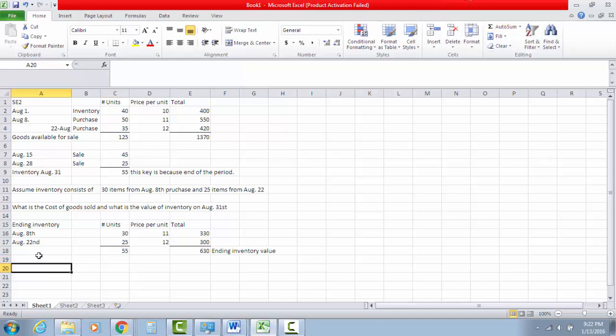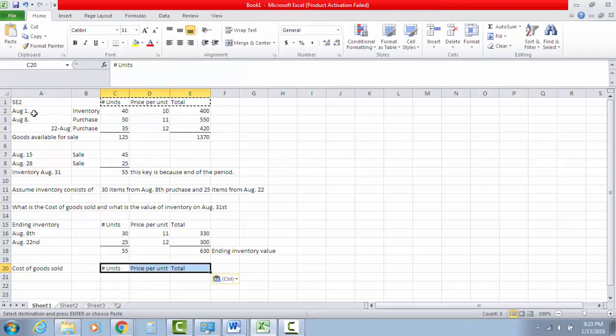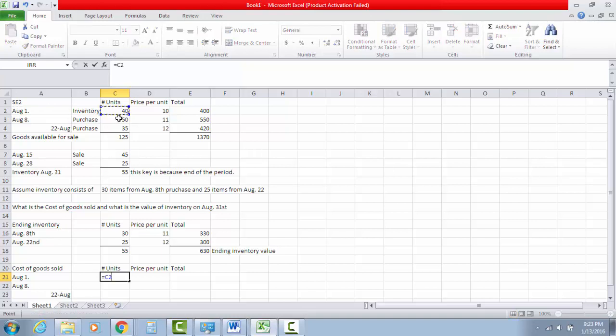So now what's left is we need to calculate the cost of goods sold. So let's set it up in the same manner we set it up before, which the book provides us. We have units. So let's copy our dates here. So since this tells us we have 0 items from August 1st left over, we know all of these things are applicable.